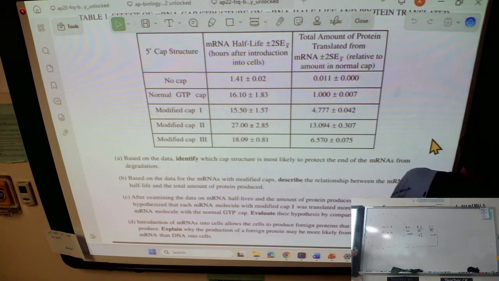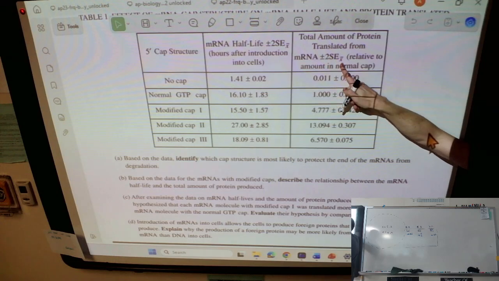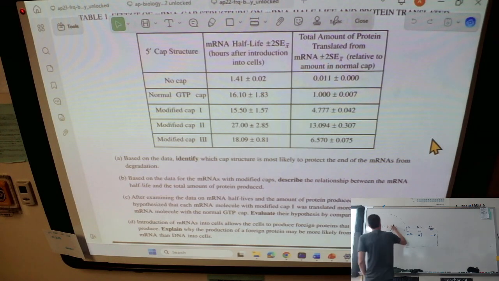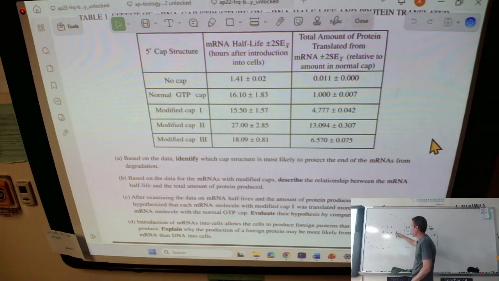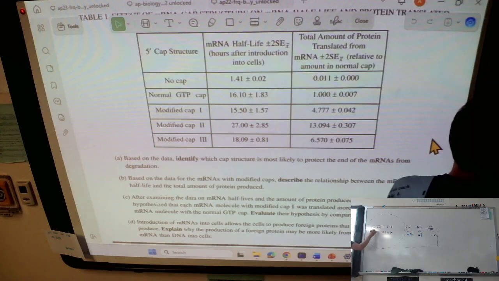I could say something like the standard error of the mean, the SEM, overlaps with this number and this number. I could draw something to where I'm like, hey, the range of the first one is 5.1 to 5.7. So I could be like, the range of that one overlaps with the range of this one.